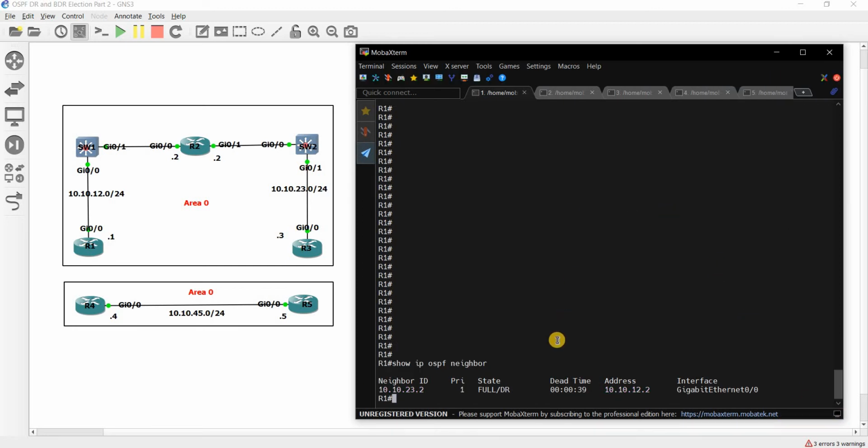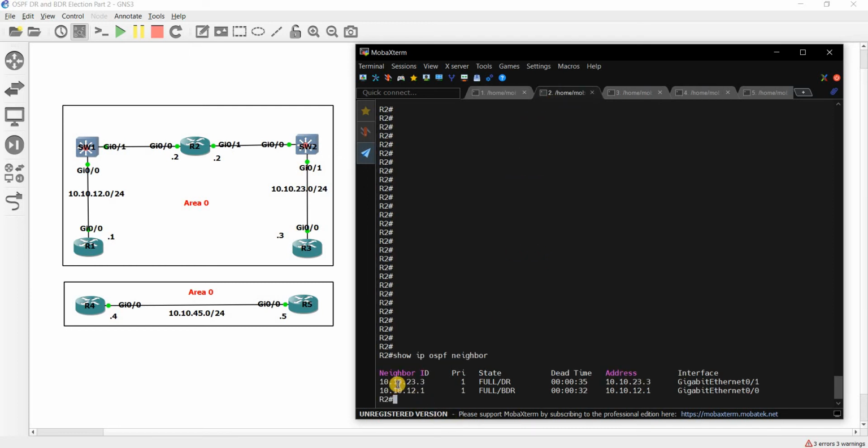Okay, so we see that R2 is the DR, and R3 is the DR on the other segment, and R1 is the BDR.